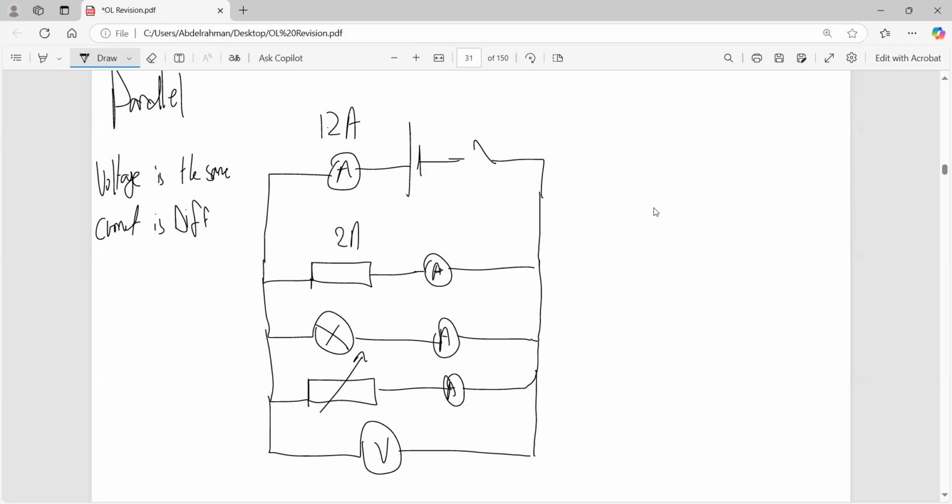Let's say that the current in this one is 2 amperes, the current in this one is 4 amperes, then the current in this one would be 6 amperes. But all in all, if you add up 2 and 4 and 6, the total current would be 12 amperes.